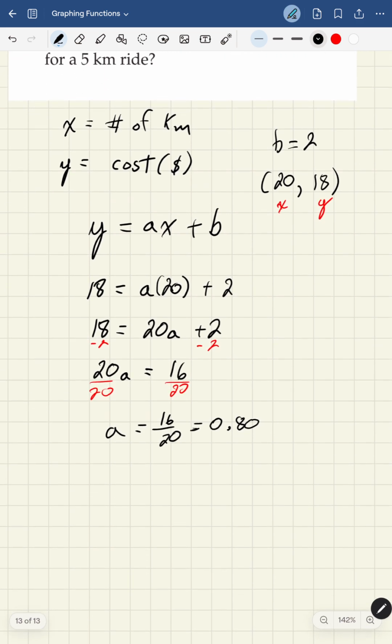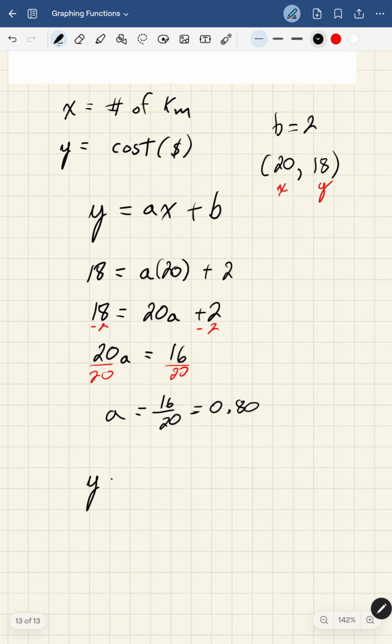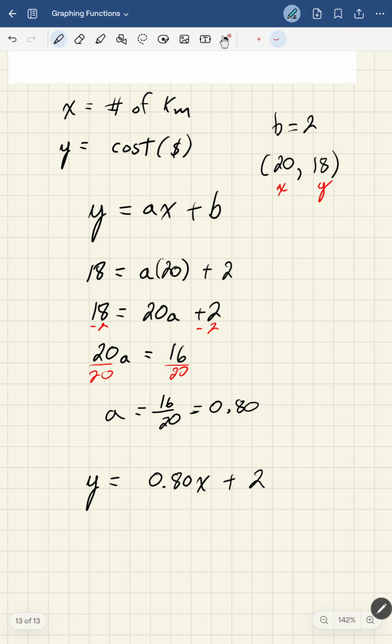Now we know our rule. The rule is the cost is going to be 80 cents per kilometer times x plus that $2 initial fee. So let's just check it. Let's check to see if 20 kilometers will cost $18. Let's put 20 in here and see if we get 18.